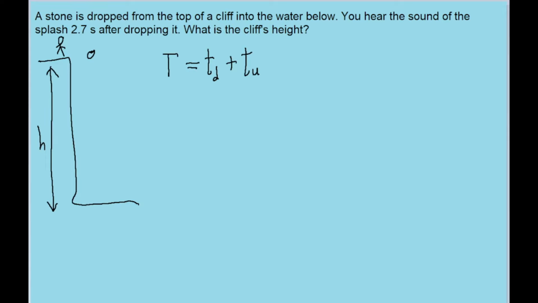So the first thing I'm going to do is pull out the kinematics equations. I'm going to assume that the acceleration of the rock is constant. So in this equation, the change in position, or in this case, h, since the rock is traveling down the height of the cliff, is equal to the initial speed times time, the time it takes to hit the bottom, t_d, plus 1/2 of the acceleration, which is g, times that same time squared.